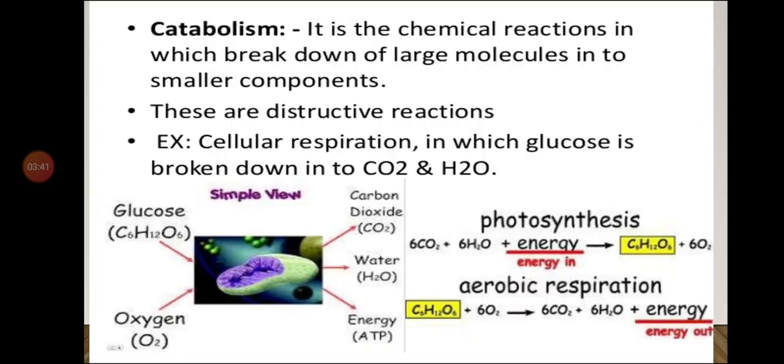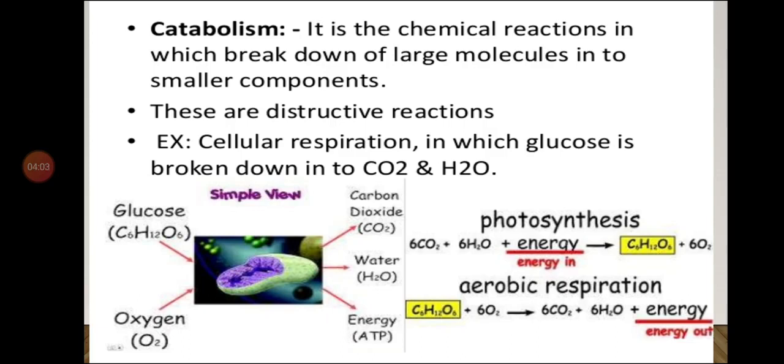Catabolism is the chemical reaction in which breakdown of large molecules into small components occurs. These are destructive reactions, because the large molecule is broken down.